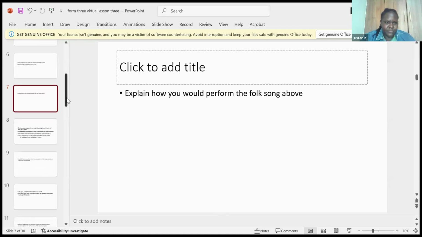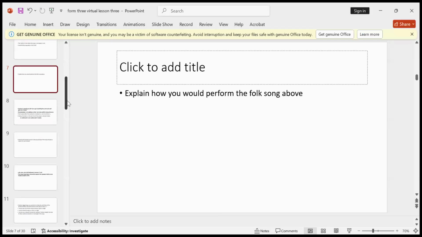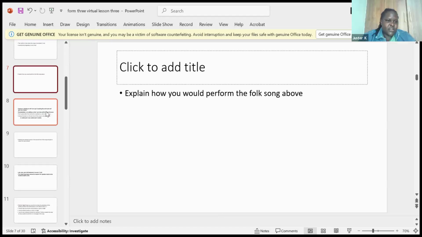And the other one is I would use a falling intonation to show certainty. Is it certainty or finality? Certainty and finality? No, finality means you're coming to the end of the poem.